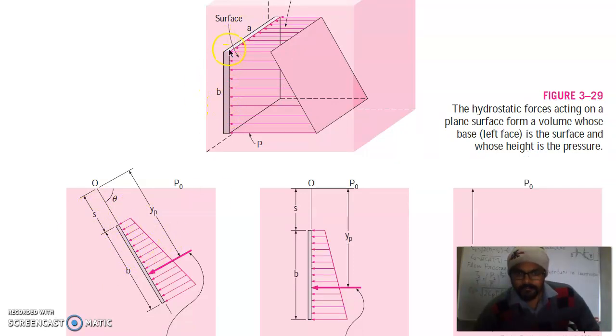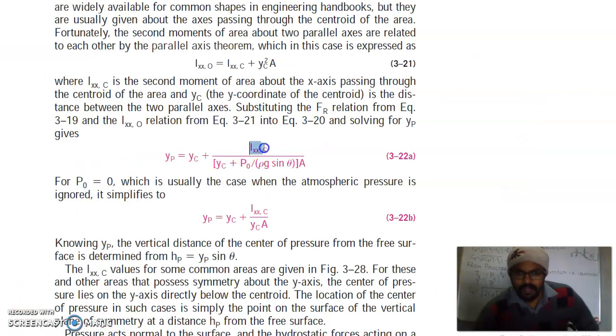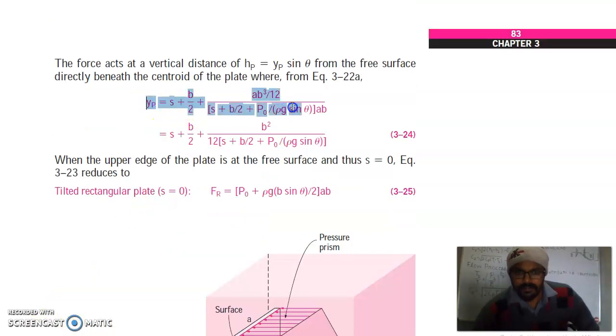Now for the plate, the second moment of inertia is ab cubed over 12. Put that second moment of inertia and the value of Yc here, and you will get this equation. Now Hp is equal to Yp sine theta in this case.